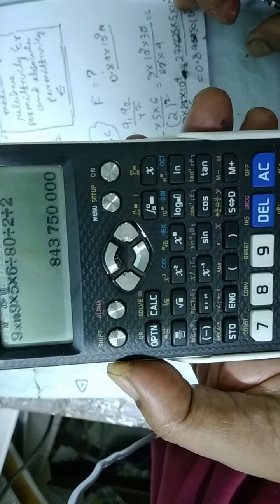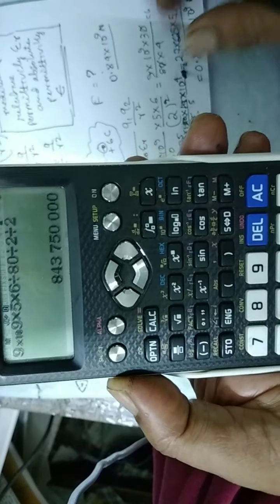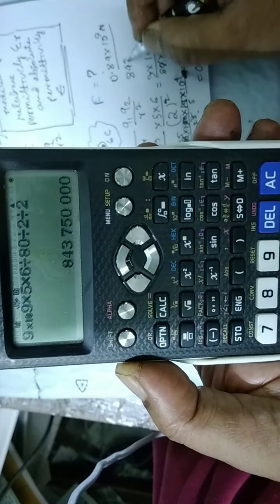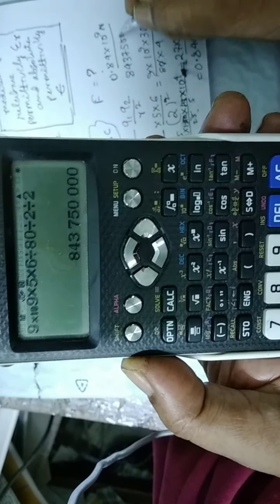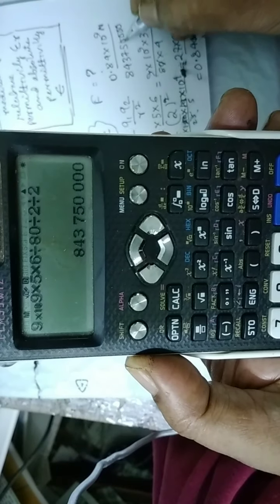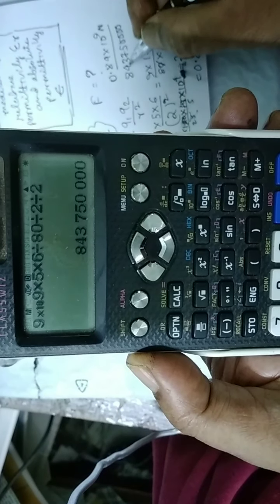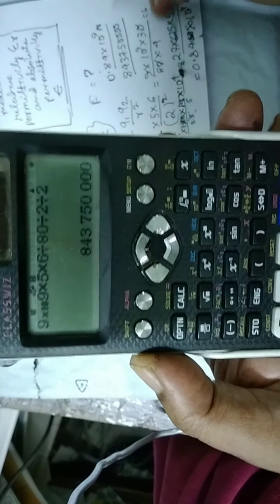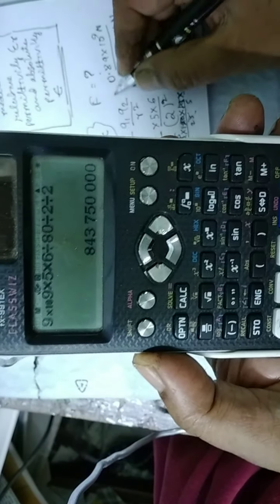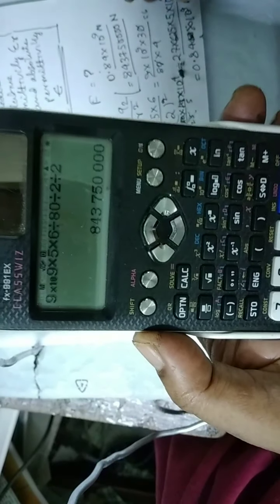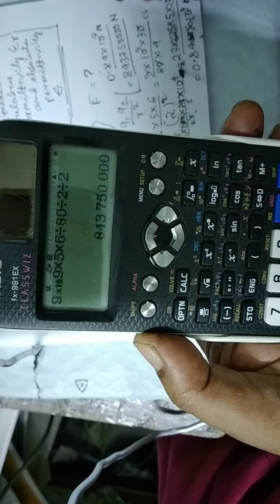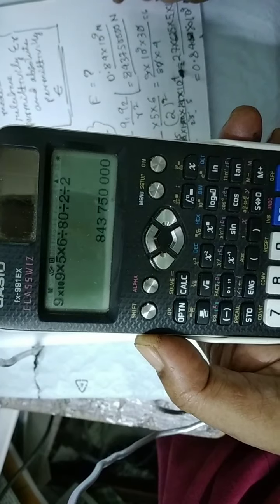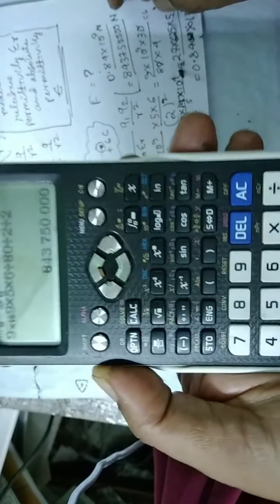How much? 84375 0000, 1 2 3 4 5 6 7 8 9, 0.84 into 10 to the power 9. So this is correct. So this is the amount of force between two charges.